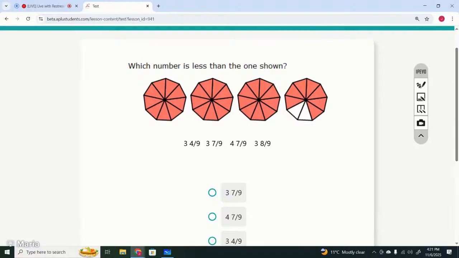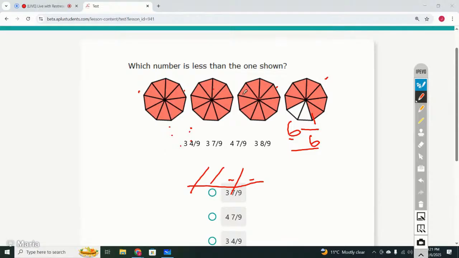Which number is less than the one shown? We need to find the less. 1, 2, 3, 4, 5, 6, 7, 8, 9. 3 whole 7 over 9. We need to find the one that is smaller than 3 whole 7 over 9.